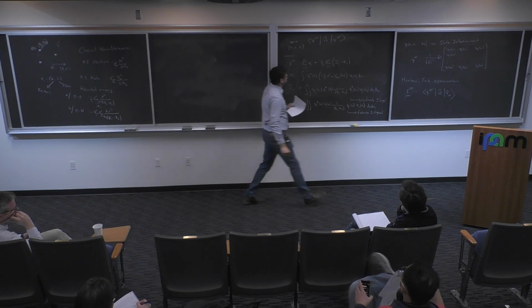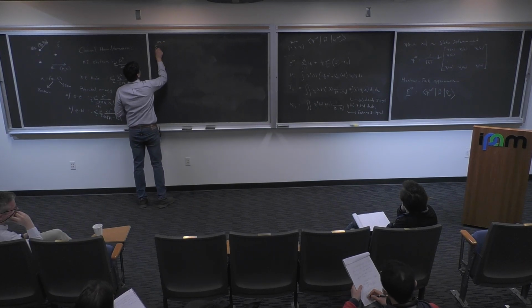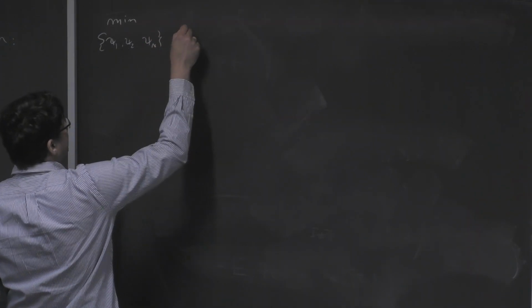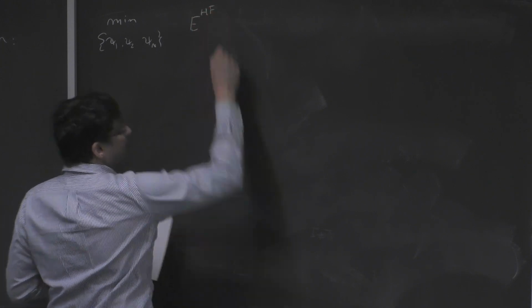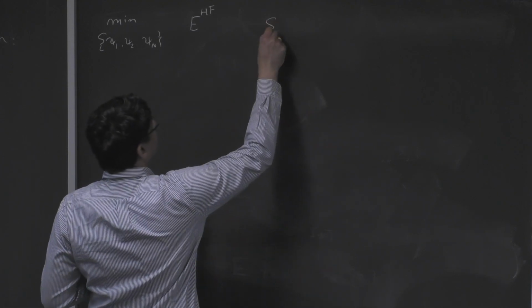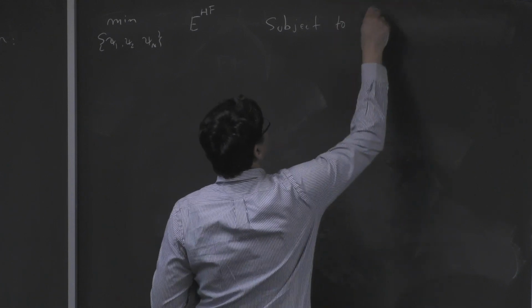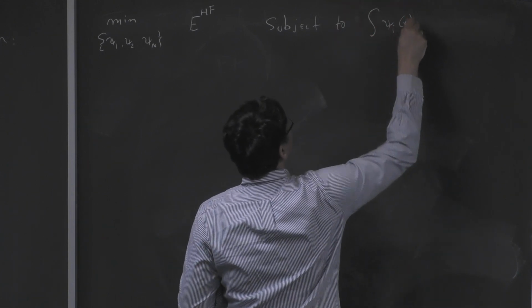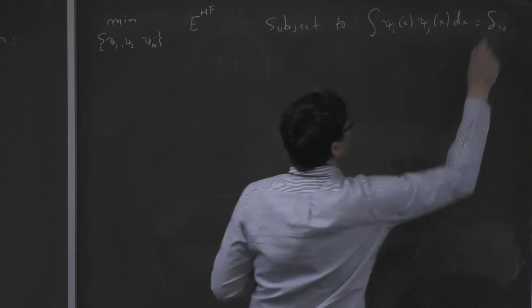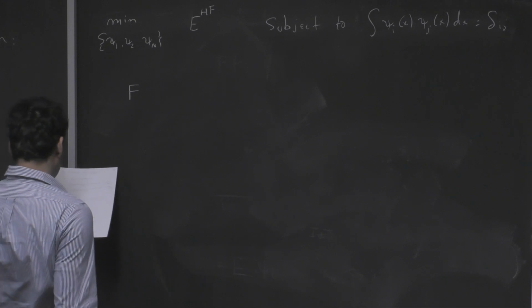So if you do minimization, let me write it down again. So if we minimize over psi_1, psi_2, and so on up till psi_n, that energy, which is E Hartree-Fock, which I've written down explicitly in terms of these psi's, subject to the inner product of psi_i and psi_j to be delta_ij, then you end up getting the Hartree-Fock equations, which is again an eigenvalue problem.